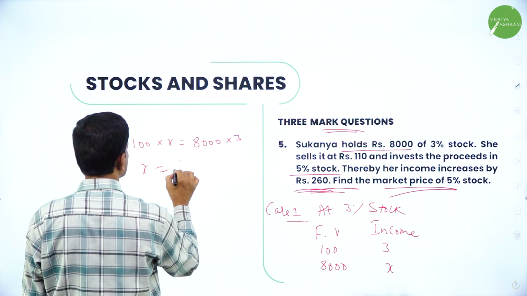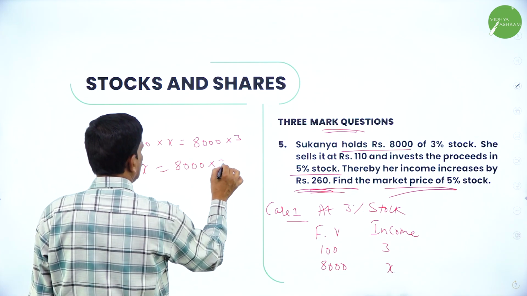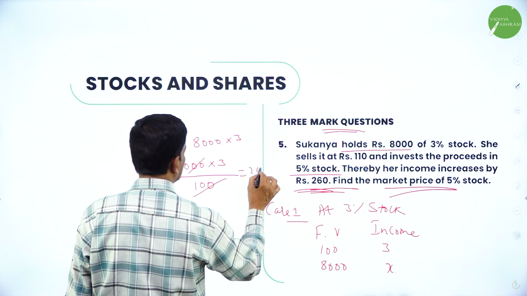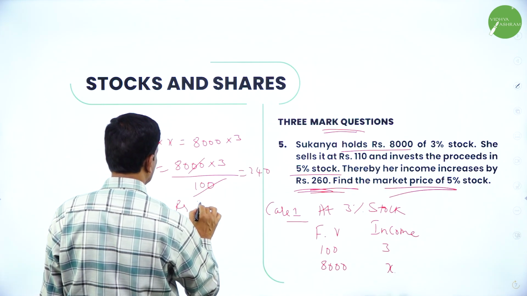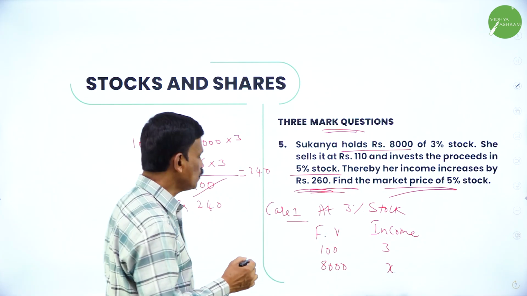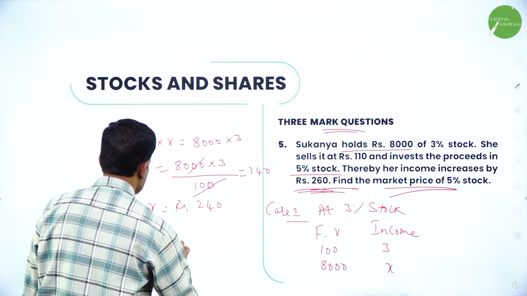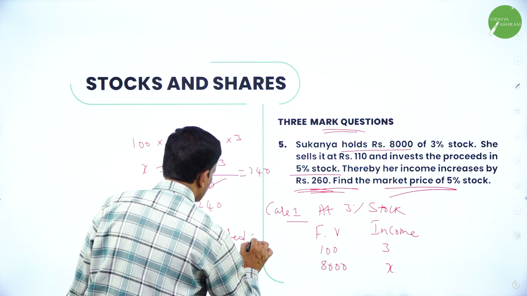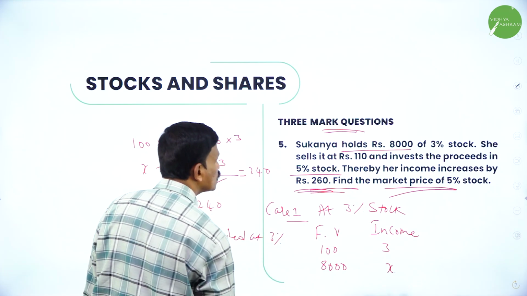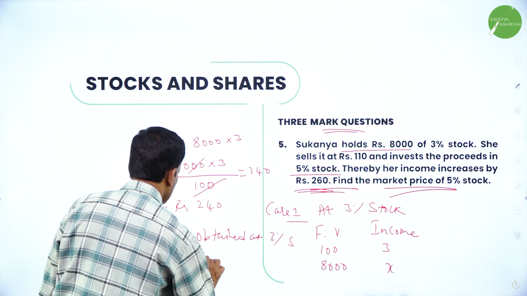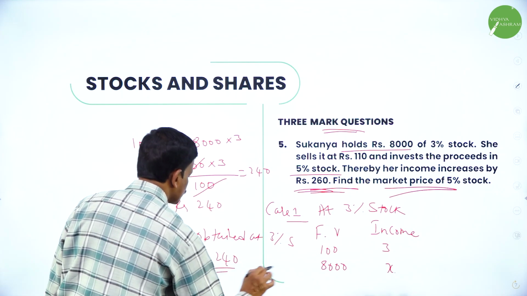Therefore X is equal to 8,000 into 3 divided by 100. This gets cancelled, 240 rupees. X is equal to rupees 240. So the income obtained at 3% stock is rupees 240.